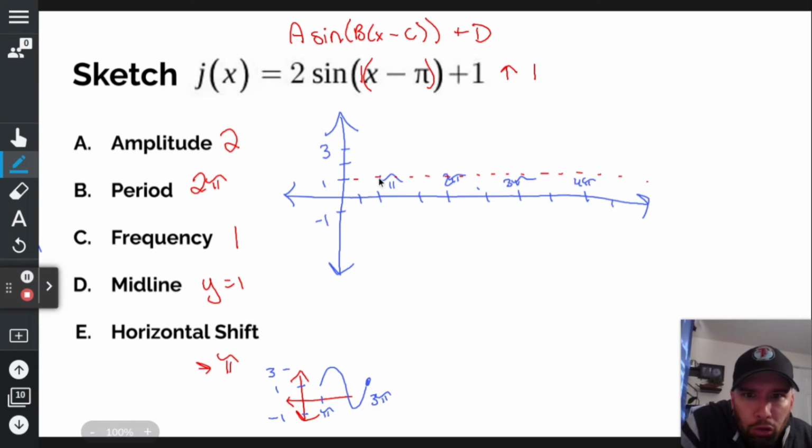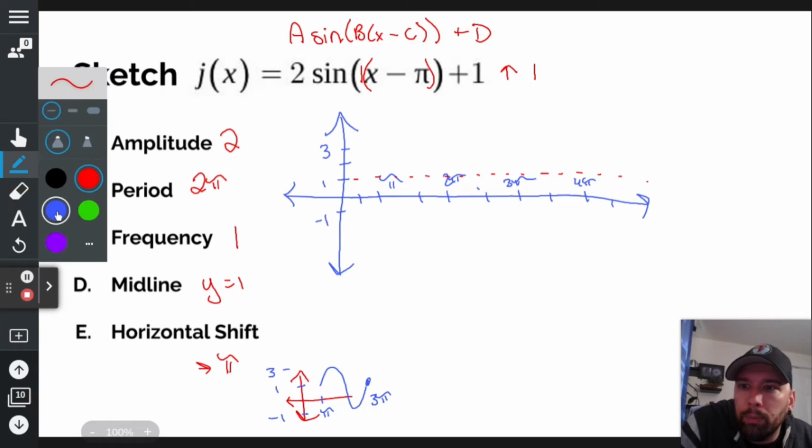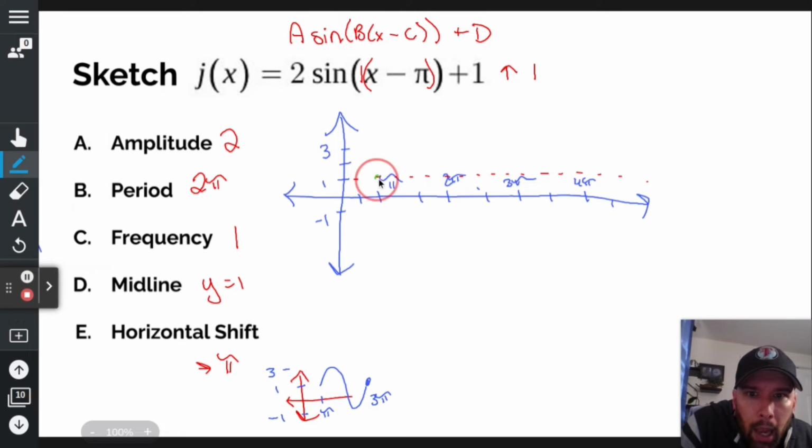My new starting point is here, at pi. Since the period is 2 pi, we repeat at 3 pi. So we go up here and bottom out at 2 pi. I keep screwing that up.